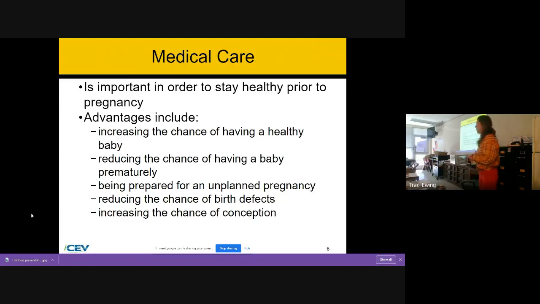an unplanned pregnancy. It used to be that you took prenatal vitamins right before you got pregnant and then throughout the pregnancy and then while you were breastfeeding. There's new studies saying that for women of childbearing age, it's not a bad idea to take prenatal vitamins throughout your childbearing years.